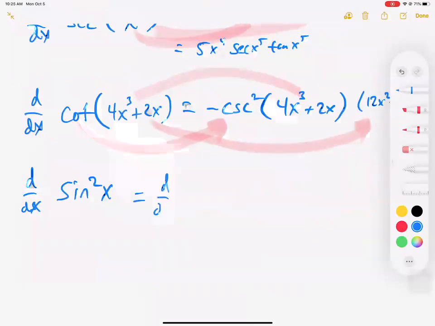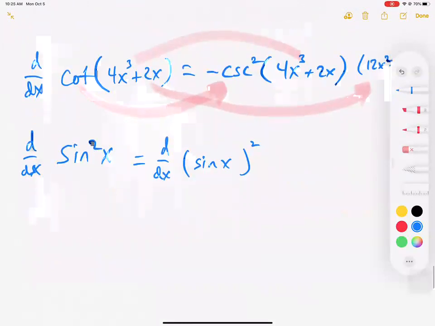This is from Algebra 1 and pre-calc: you can write this as, would you guys be okay that sine squared is really sine times sine? Yeah. Okay. Now, the outside shell is this, and that's power rule.